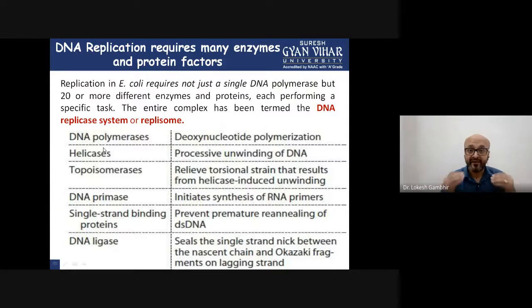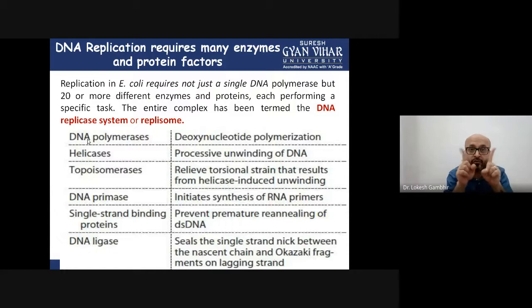Then whenever the DNA is being synthesized, it requires a primer, because the polymerase requires a free 3' OH to add a fresh nucleotide. It cannot start the DNA replication from scratch. That primer, the short RNA stretch, is synthesized by an enzyme called DNA primase. Once the double-strand DNA is opened and the helicase is moving ahead, the strands are still complementary.